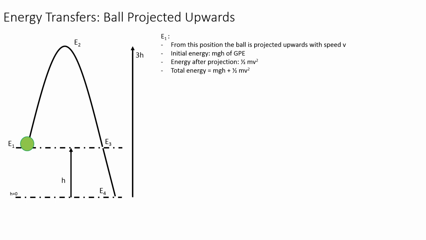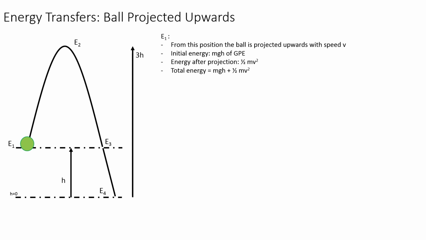So initially at E1 we can see the ball is going to be projected upwards with a speed of v. But the initial energy just before this, the only one it really has is going to be the potential energy it has by virtue of its position. So as we can see, it's h meters off the ground, so therefore the initial energy is going to be mgh.